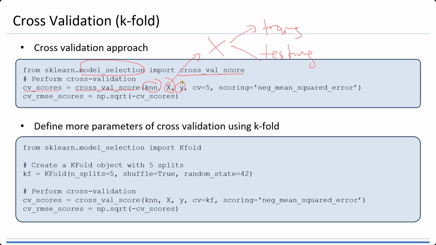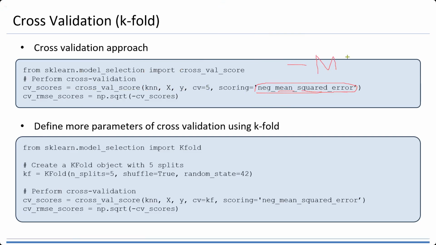It means we use all the data and we specify CV equals to 5. CV equals to 5 means we will do folds: when k equals to 5, then we will make 5 segments of the data, and then let's calculate the score. The score that we want to get is the negative mean square error, so it is the negative MSE.